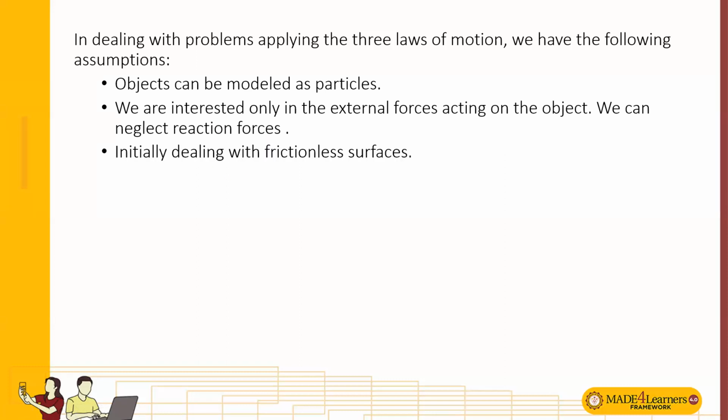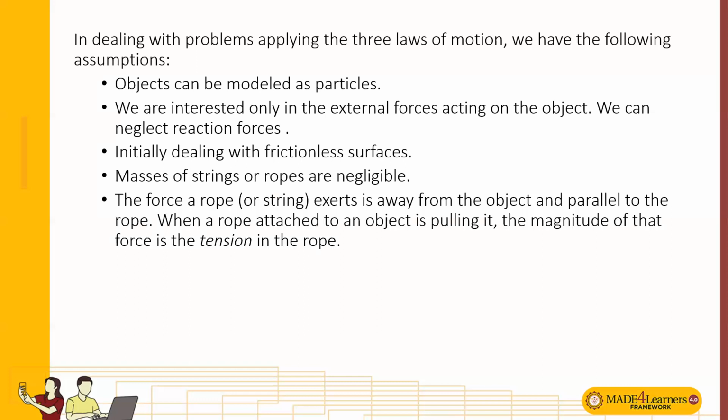So initially we'll be dealing with frictionless surfaces. If it's not mentioned what the coefficient of friction is in the problem, then we assume that the surfaces are frictionless. And masses of strings or ropes are initially negligible. So these are the assumptions, and the force that a rope or string or cable exerts is away from the object and parallel to the rope.